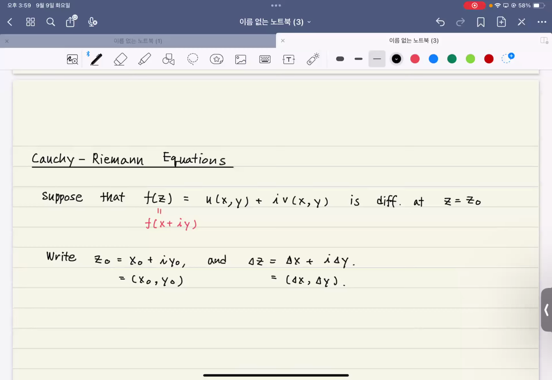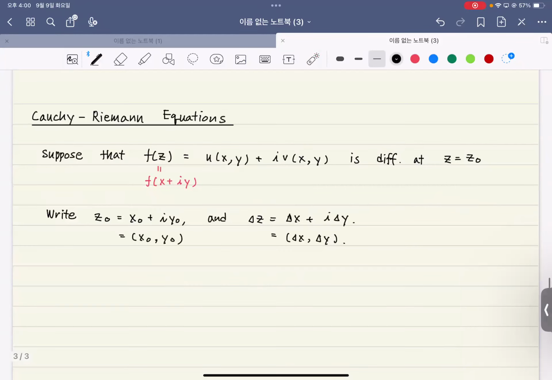Okay, so since this function is differentiable at this point, it is very natural to consider the limit of this quotient: f of z0 plus delta of z minus f of z0, and everything over delta of z.